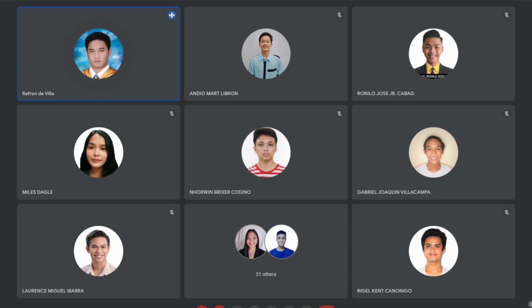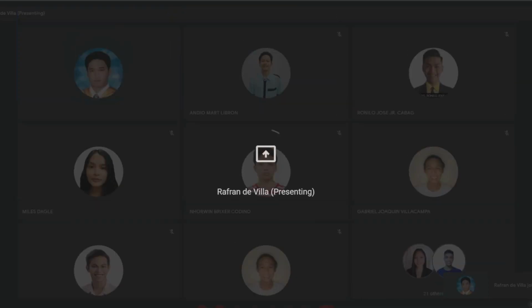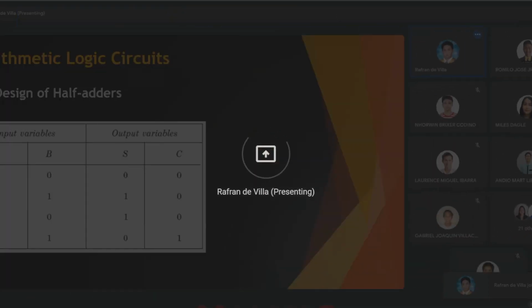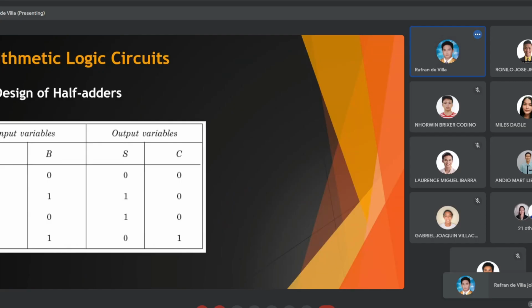That is what we have learned with code conversion circuits. Right now, let's proceed with arithmetic logic circuits. The most common is how to add numbers. Before creating the circuit, let us first revisit the design for adding binary numbers.